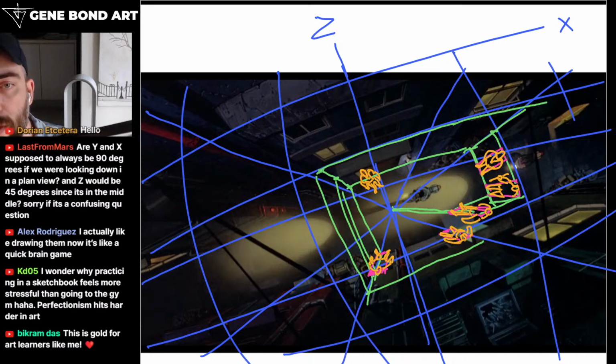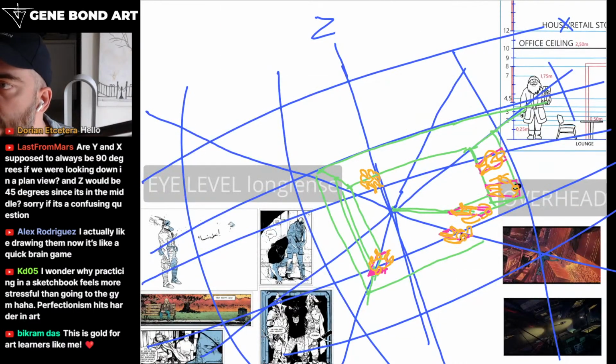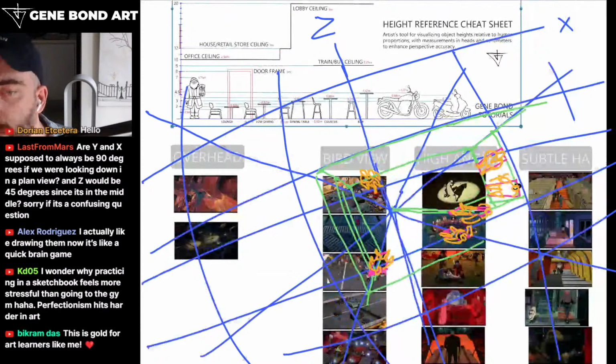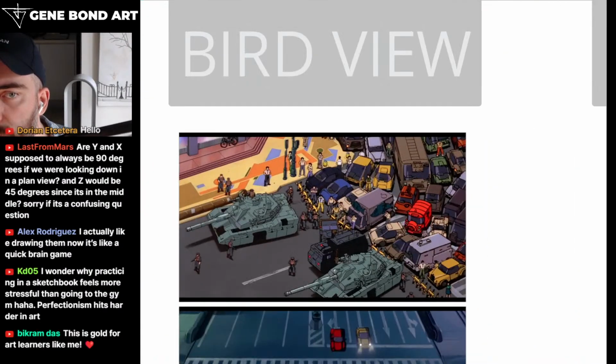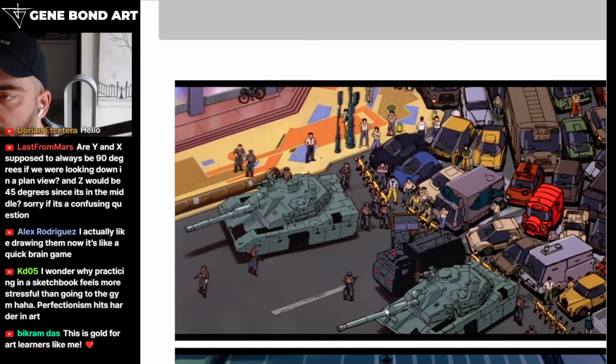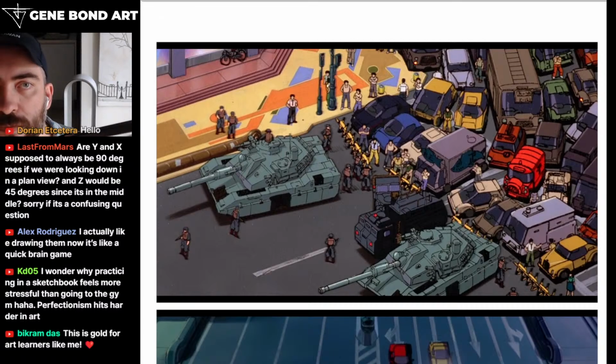So then let's say, this was overhead. Then we have a bird view, like this scene, for example. For this kind of scene, it's convenient to use people size as a model.